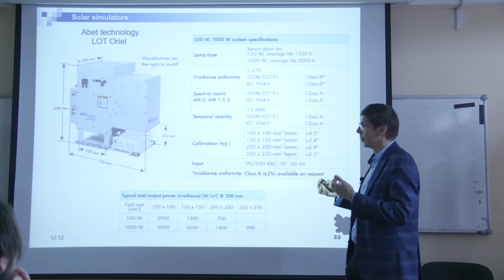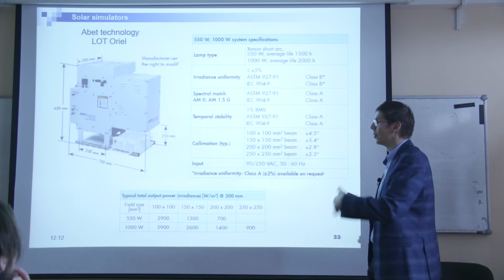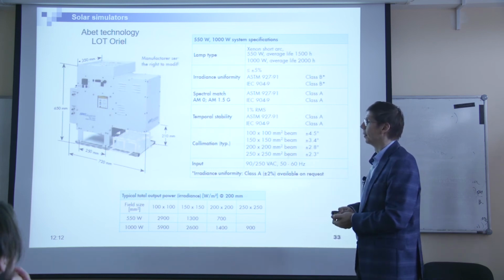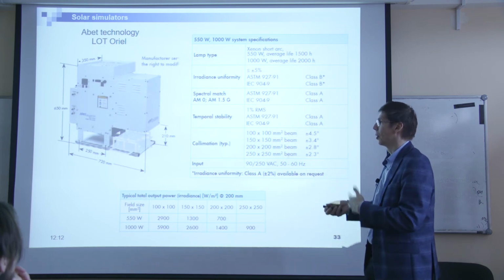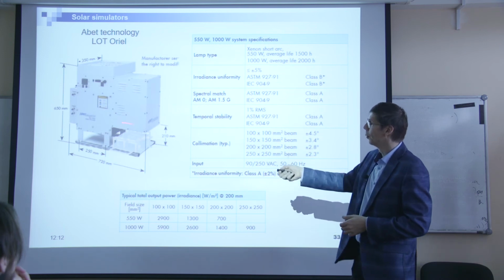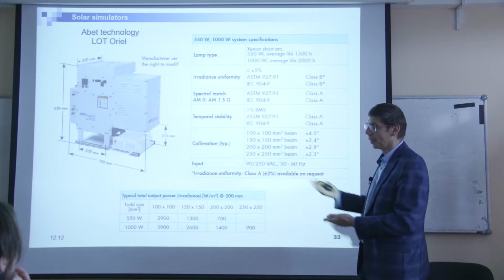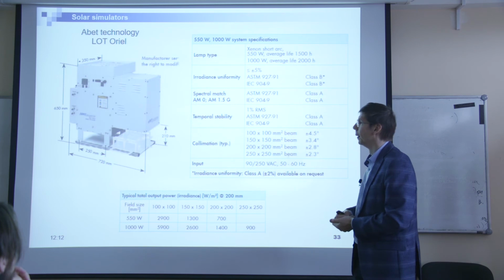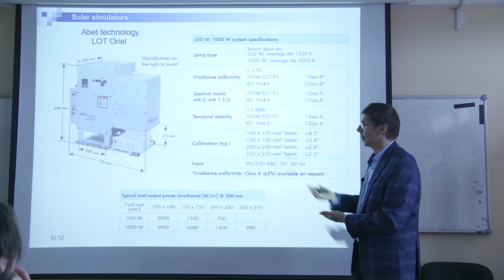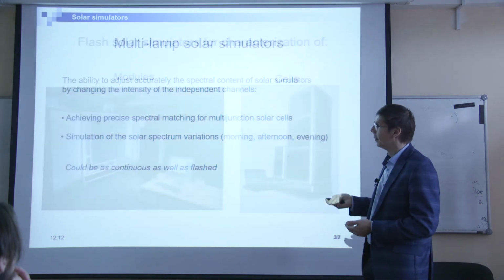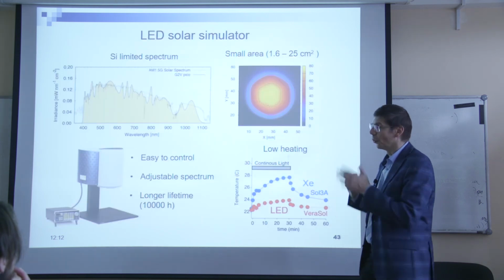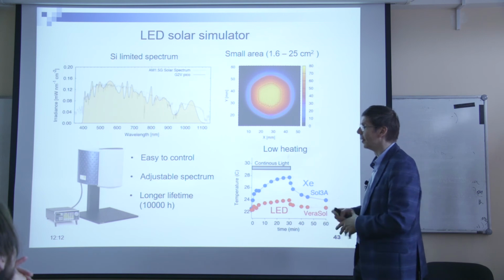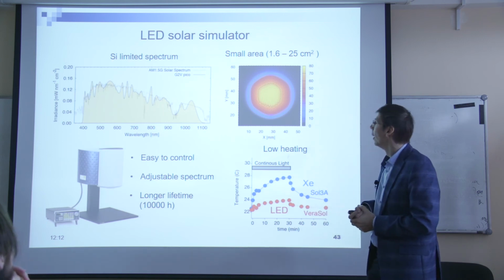So, as I told you, you have it switched on before the measurements, and then, to change the samples or just to avoid heating, you have to use some mechanical shutter, which cuts the light. Here, just using electronics, it turns on the LED, and it's okay.